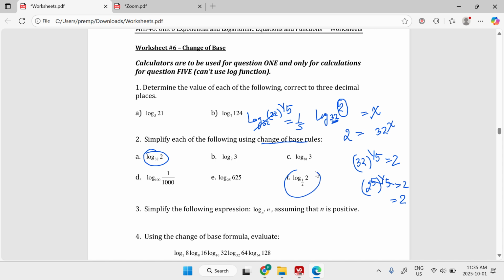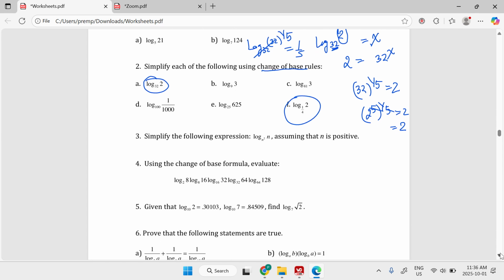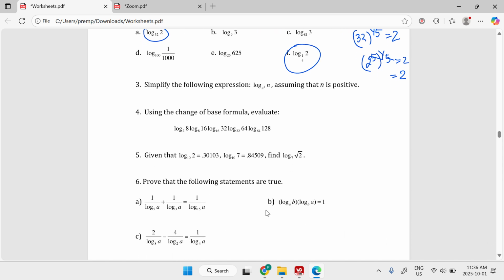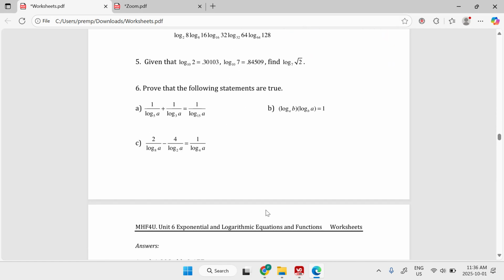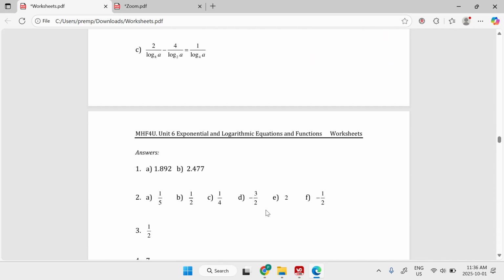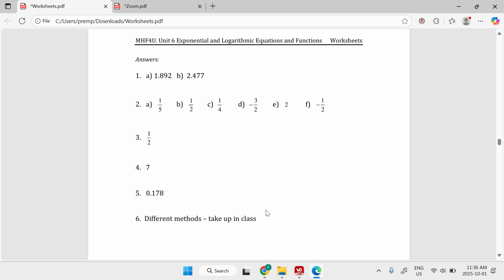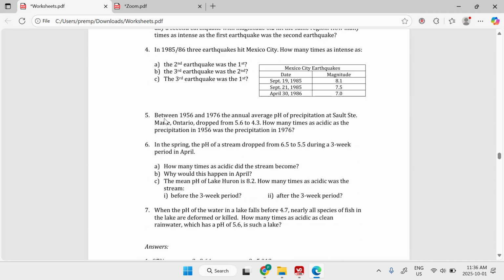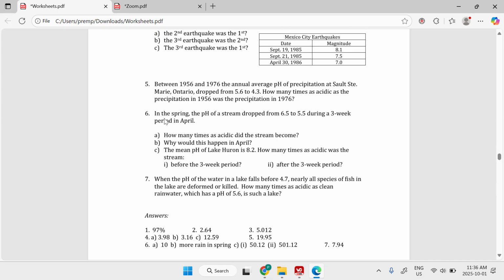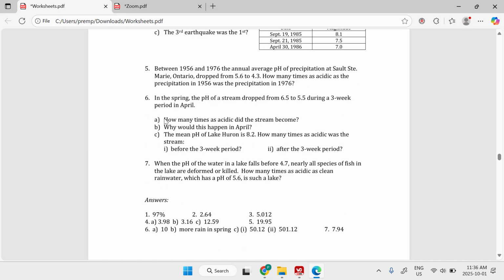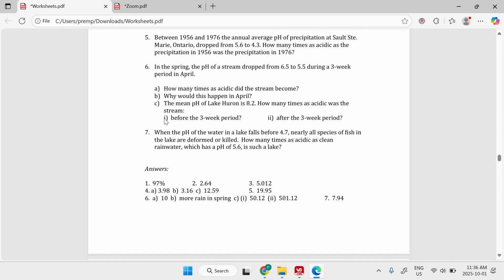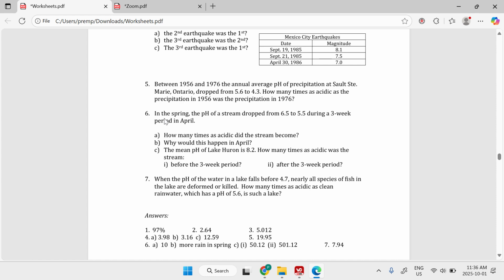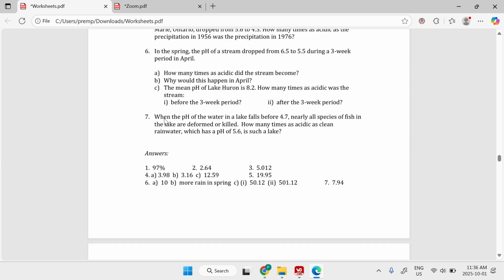And same way you can try this also. Like, the answer to that question we have done is here. Okay, so most of the questions that you will be doing in this unit are related to log and exponential, so it should not be hard for you.